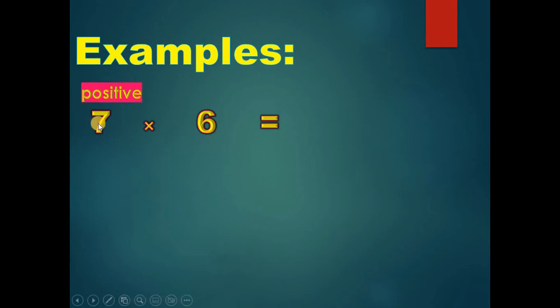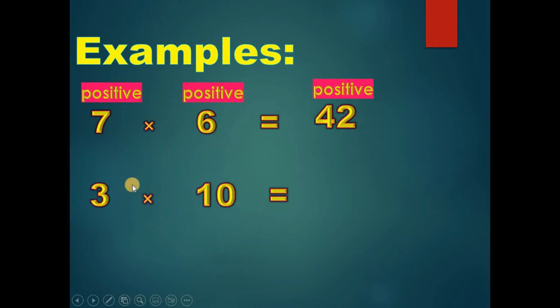Meron tayo ditong positive 7 multiplied by positive 6. So kapag pinag-multiply natin yung positive and positive, the outcome is syempre positive. So after that, multiply natin yung dalawang digit. Okay, so 7 times 6 we have 42. So therefore 7 times 6 equals positive 42.